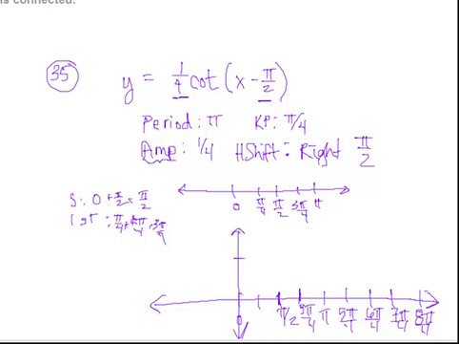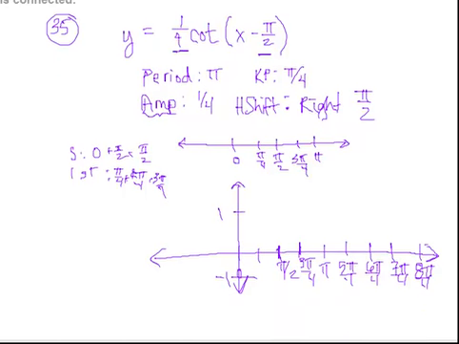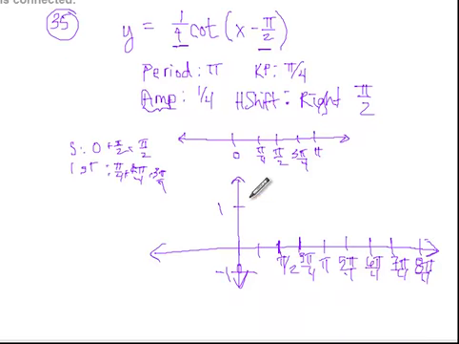Amplitude, I do know typically I would have been going up to 1 and then down to -1, but I'm not anymore because the amplitude changed. So at the start, what cotangent does is it begins with an asymptote.